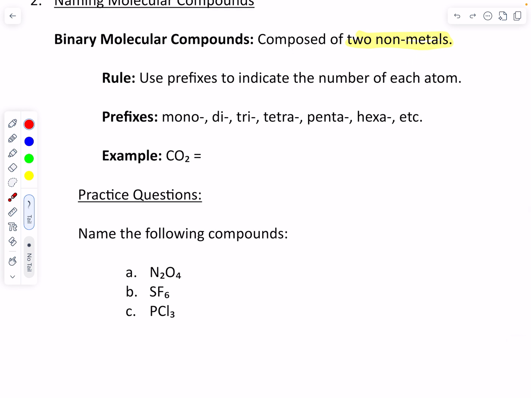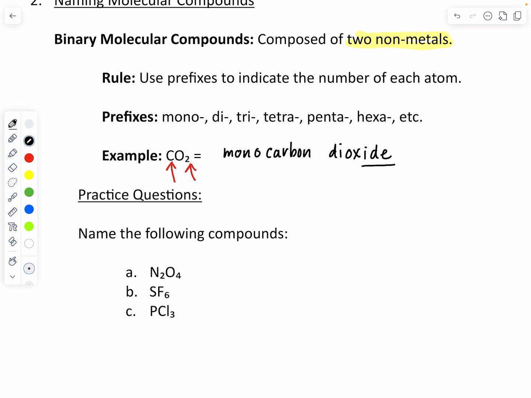So, first example, CO2. CO2 has 1 carbon and 2 oxygen. So, the prefix for 1 is mono. So there's monocarbon and 2 oxygen, that's dioxide.